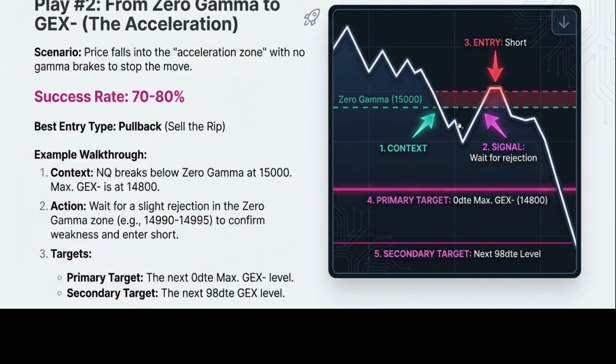If you decide not to use this strategy, maybe you want to use another. But if you want to use this strategy, you have to respect the target, maybe the primary or the secondary target, because at that level the price reacts with a big effort in a retracement direction.